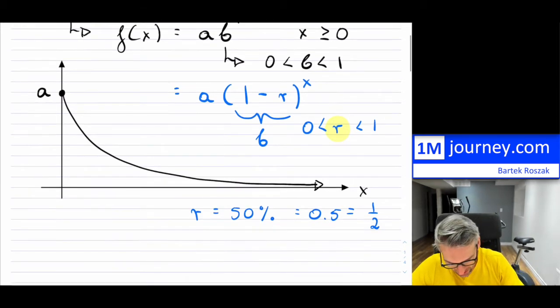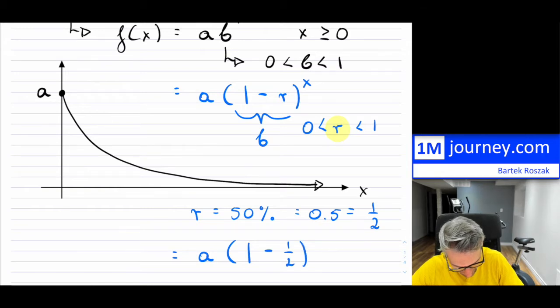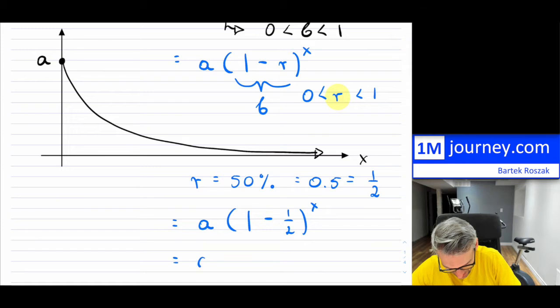So if I plug that in, then my function would be equal to a, we still have our starting point, whatever it is, times 1 minus the half, to the x. Then you notice that 1 minus a half is basically a half.